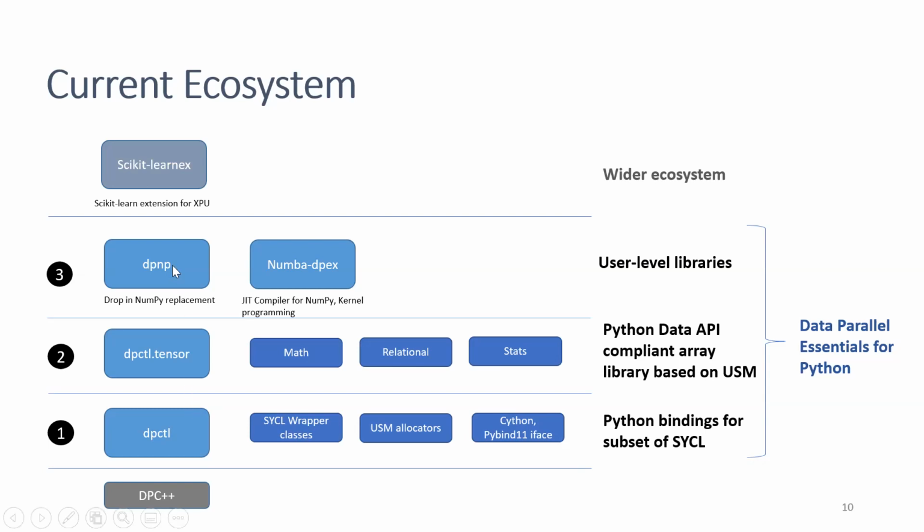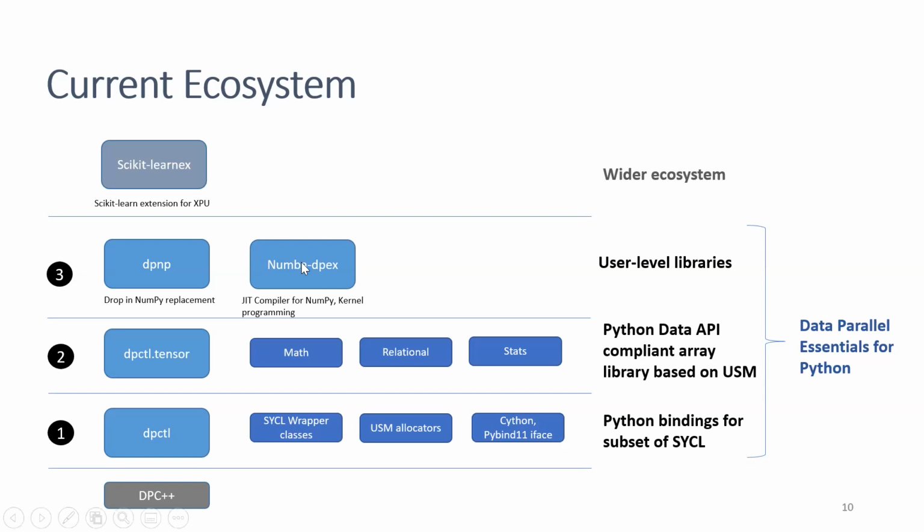And dpnp is a drop-in replacement for NumPy, so you can actually use this dpnp as a direct replacement for NumPy.